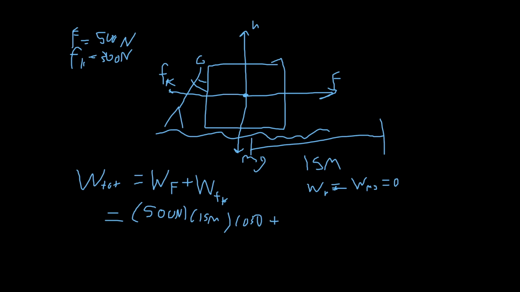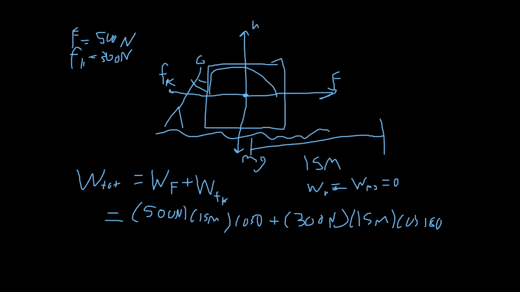And then for the friction work, it's going to be 300 newtons times 15 meters times the cosine of 180, as we can tell that the angle between the displacement and the friction force is 180.